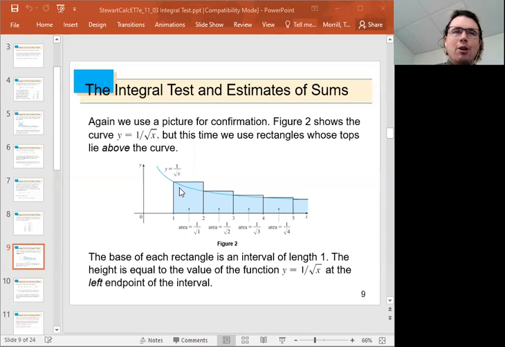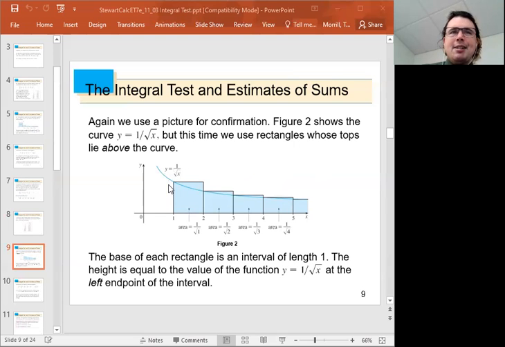So first 1 on root 1, second 1 on root 2, third 1 on root 3, and so on. And I've done the same idea of just lining them all up on the x-axis. But now what I've done is I've shifted them over by 1. That's fine. I can shift things left and right on the x-axis.